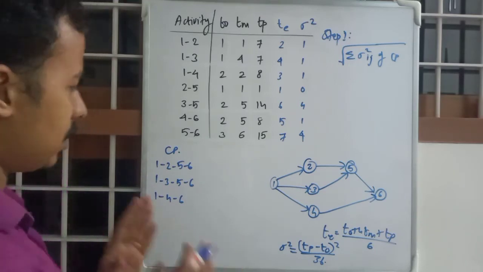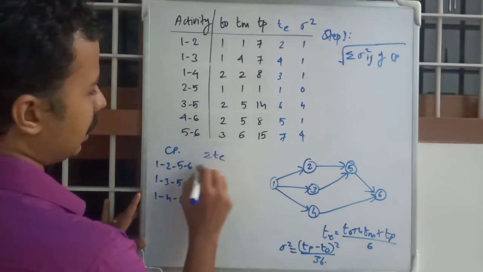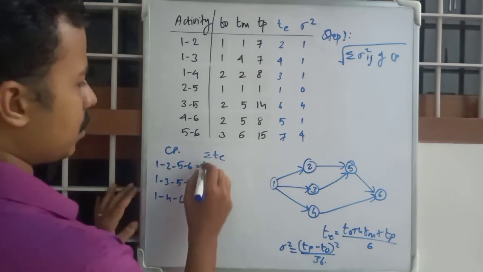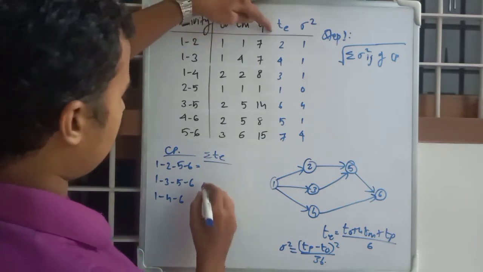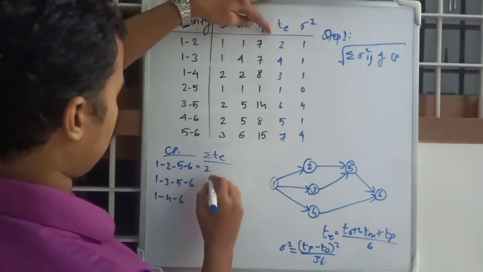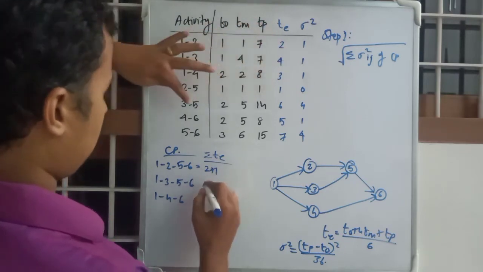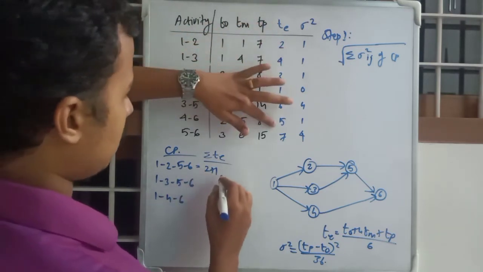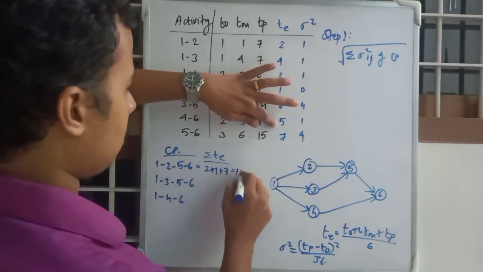As simple as that. You just calculate sigma T. For 1 2 5 6, it is 2 plus 1 plus 7, that is 10.